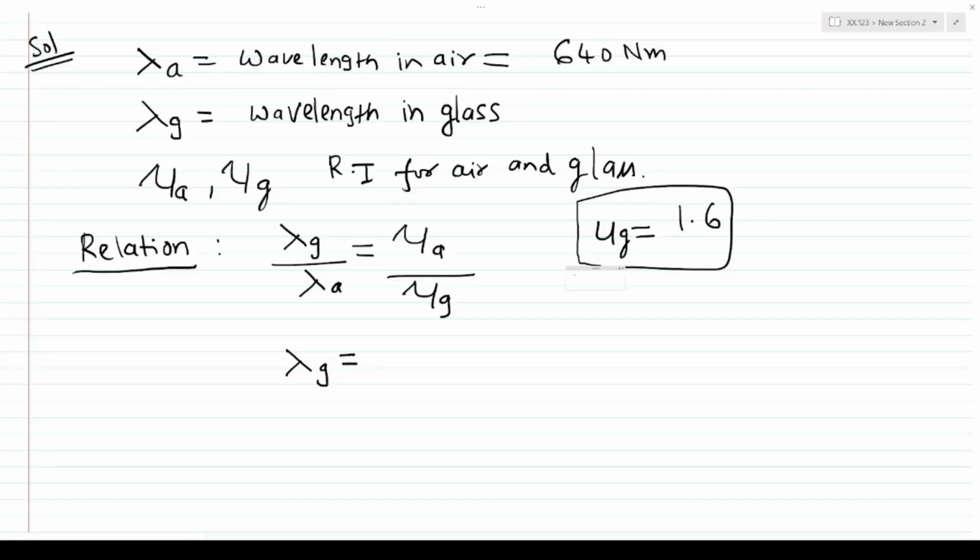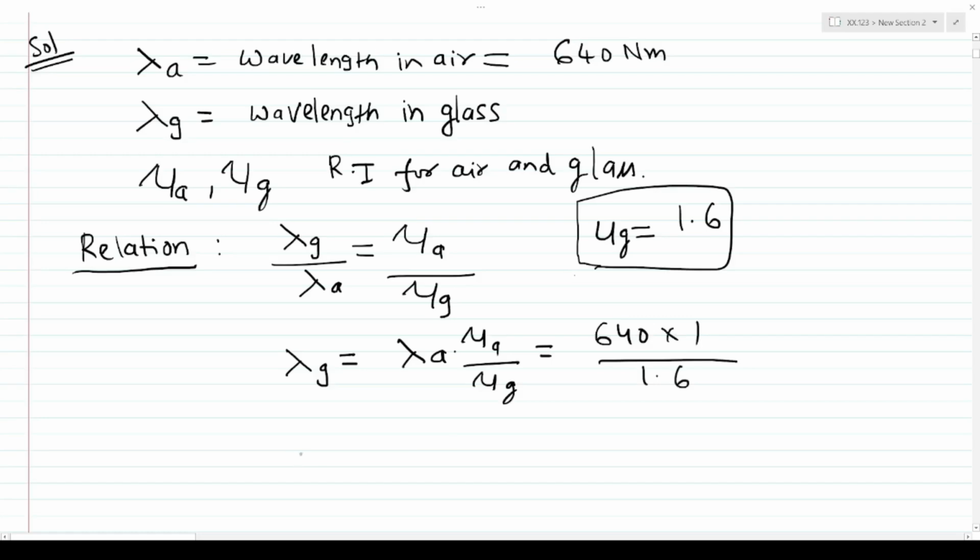Here is the solution. Lambda A and lambda G are the wavelengths in air and glass for the light. Lambda A equals 640 nanometer and refractive index of glass equals 1.6. We use the relation lambda G upon lambda A equals mu A upon mu G. Therefore, lambda G equals lambda A multiplied by mu A upon mu G, which equals 640 into 1 upon 1.6.